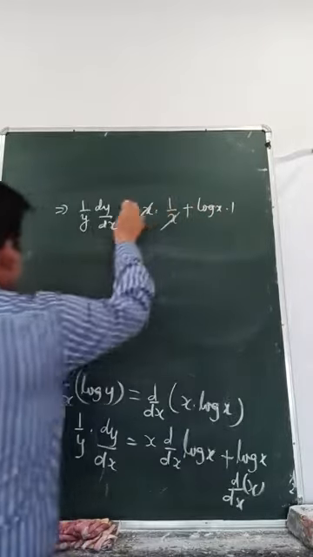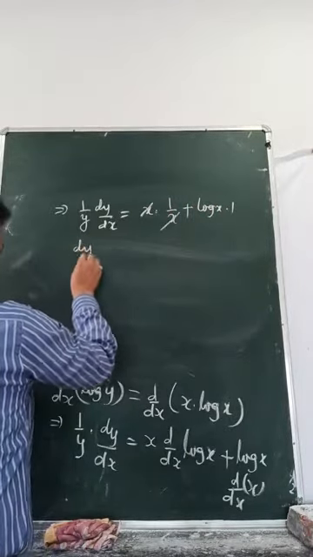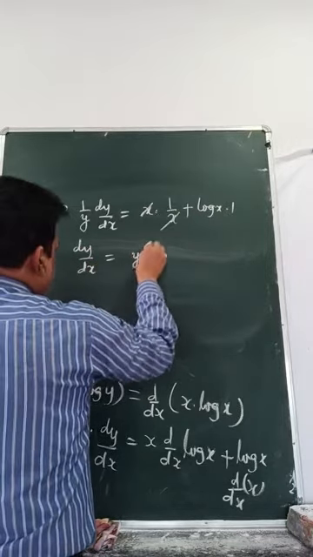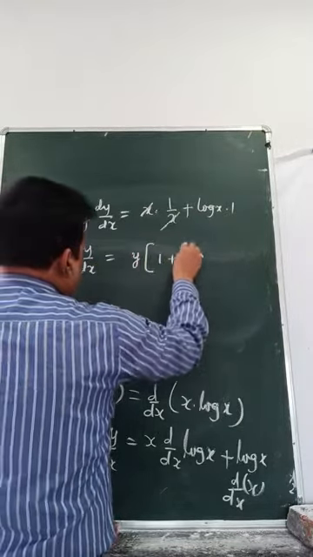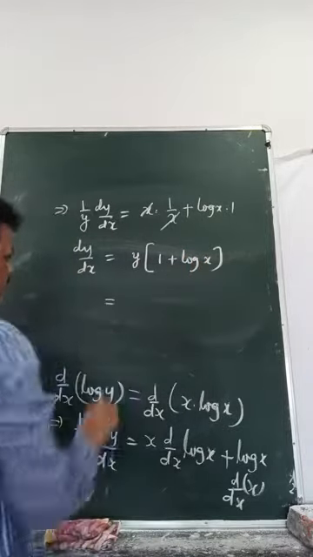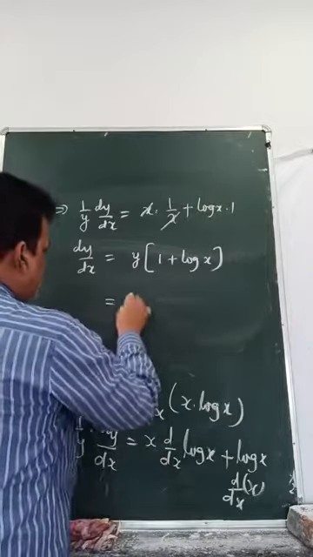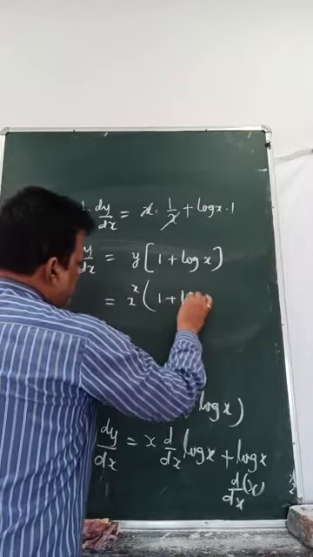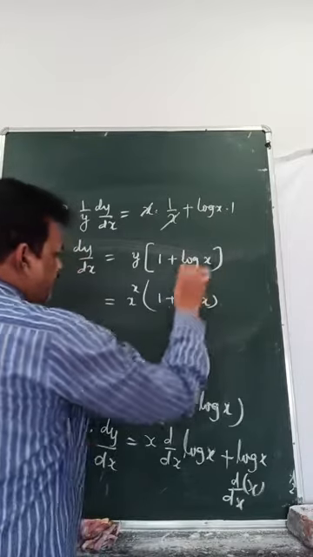So x is cancelled. So dy by dx is y times 1 plus log x. What was the value of y? That was x to the power x. So dy by dx is x to the power x times 1 plus log x.